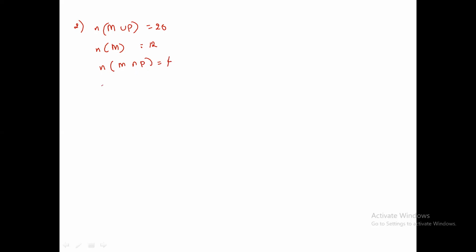How many teach physics? The number of teachers who teach physics, that you have to find. So you can write the formula n of m union p equal to n of m plus n of p minus n of m intersection p.